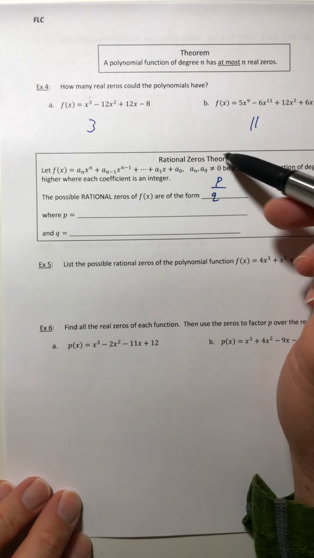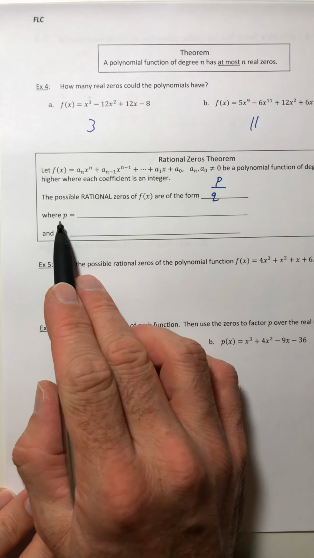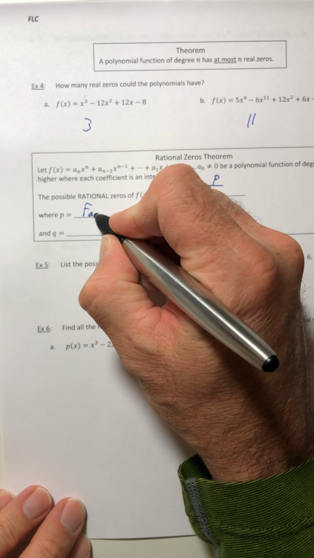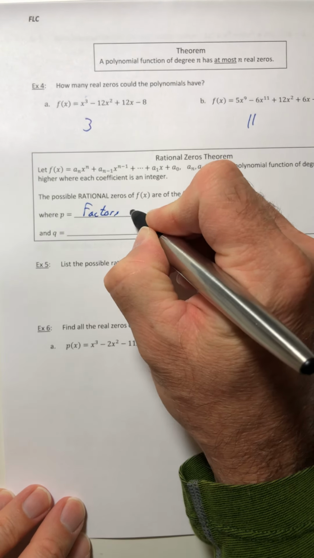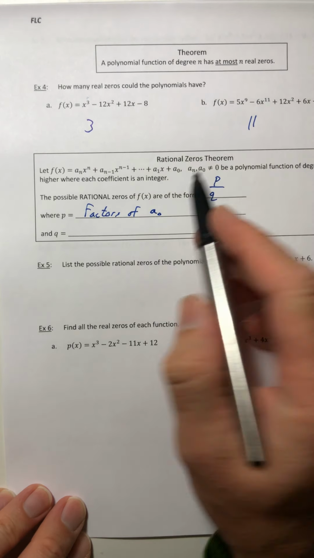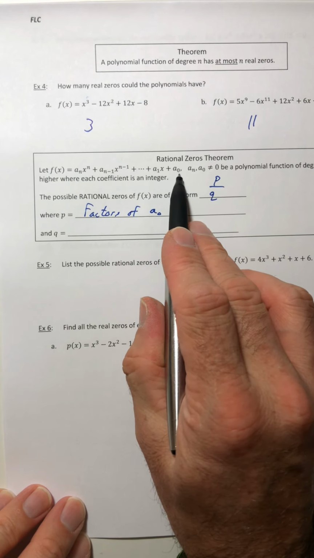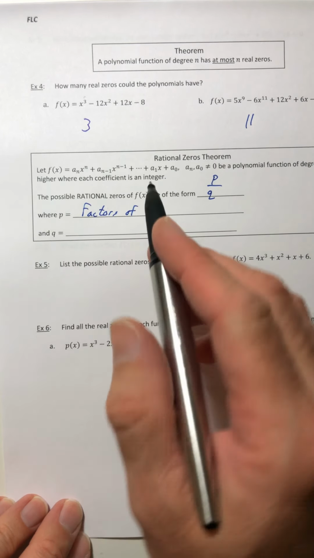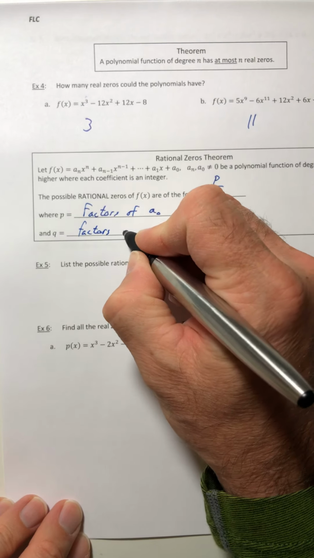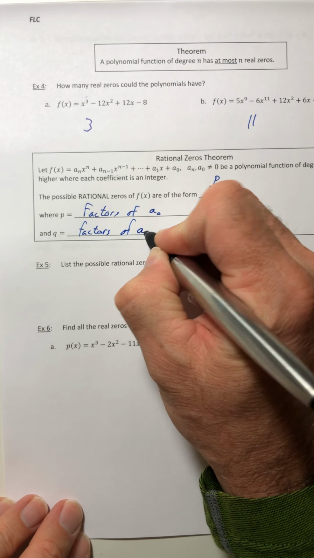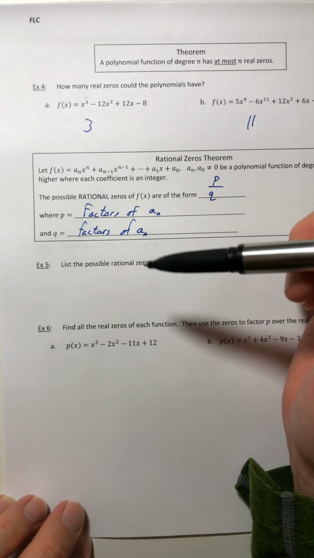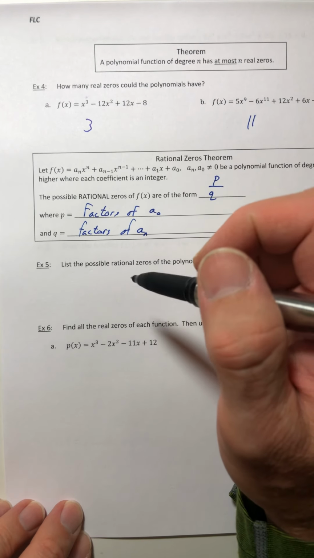So some sort of a fraction, where P are the factors of a sub 0, so the factors of the back number, and Q are the factors of the leading coefficient, that a sub n.